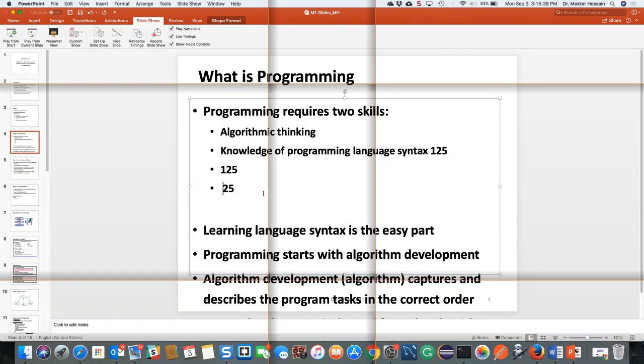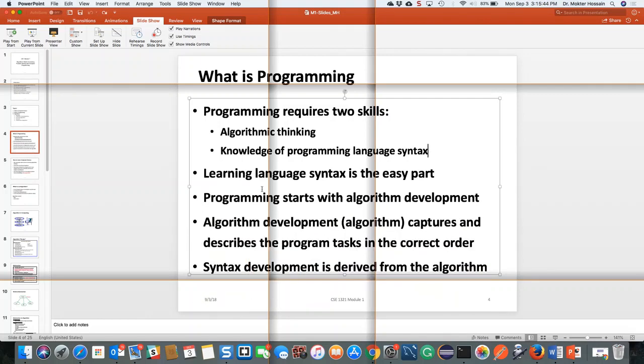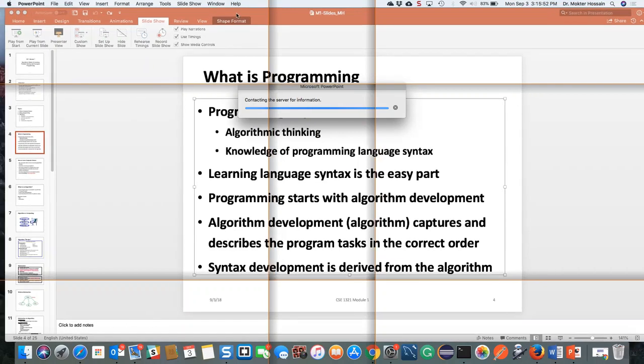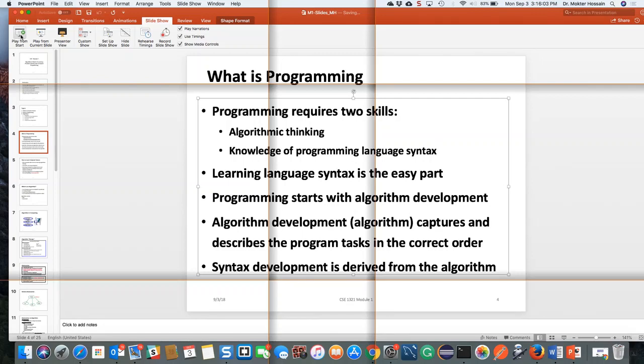Now when you use a calculator or a computer to add two numbers, for instance 125 and 25, it will automatically, within a few milliseconds, calculate and solve your result.